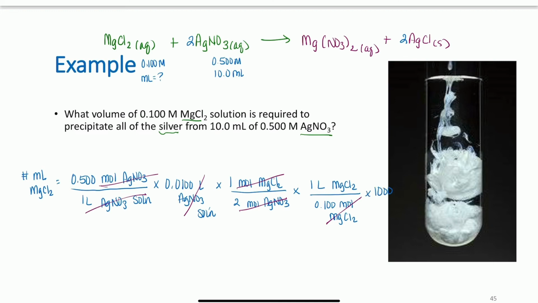I do want this times 1,000 milliliters to 1 liter of solution, just to get out of liters into milliliters. And when I calculate all this out, that cancels out liters, gets me milliliters. Calculate all of this out, and you should find the answer to be 25.0 mL of 0.100 molar MgCl2.